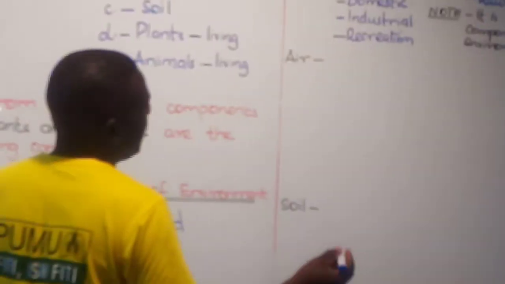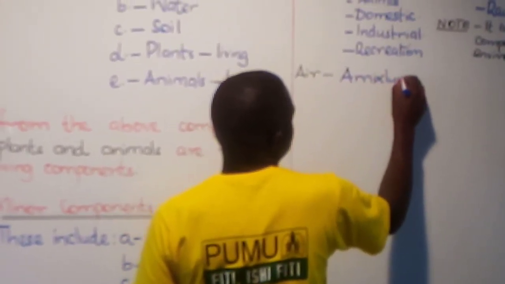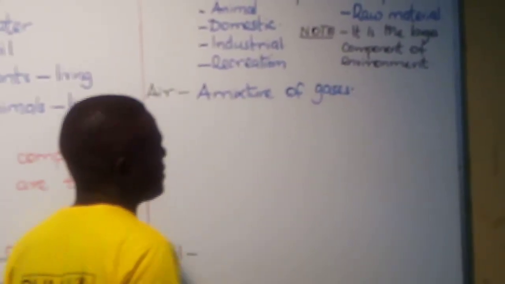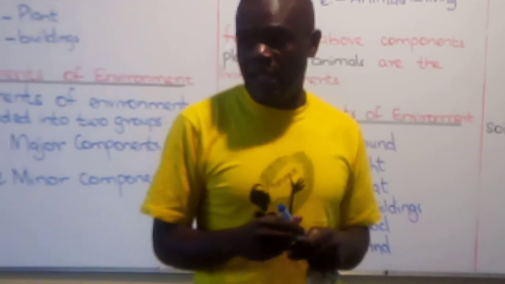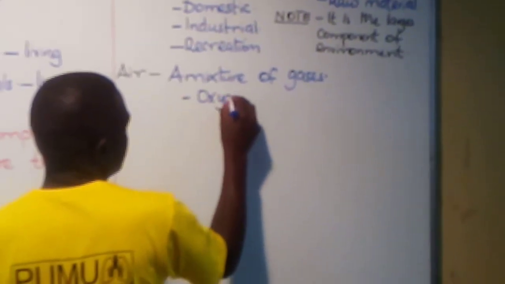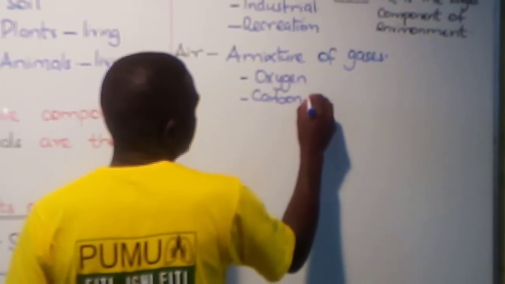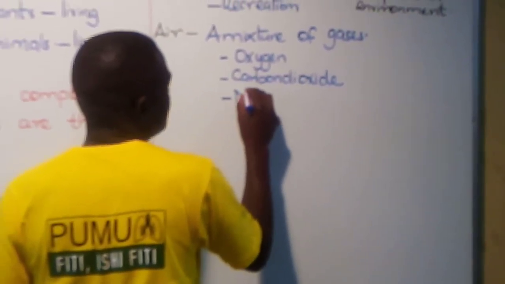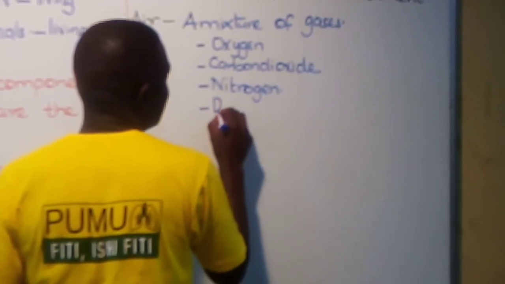Air is a mixture of gases. So many gases come together to make air. And these gases may include oxygen, carbon dioxide, nitrogen. We have rare gases.